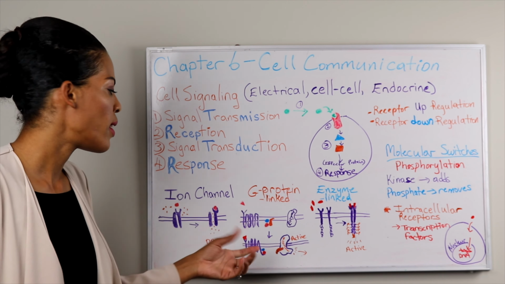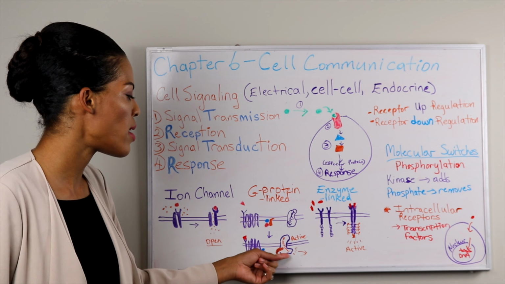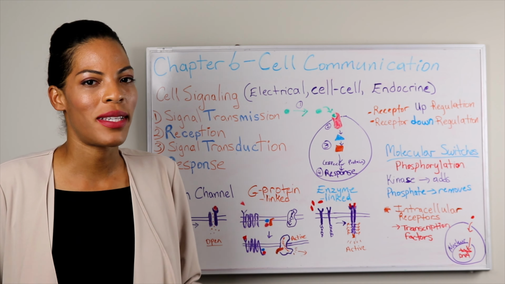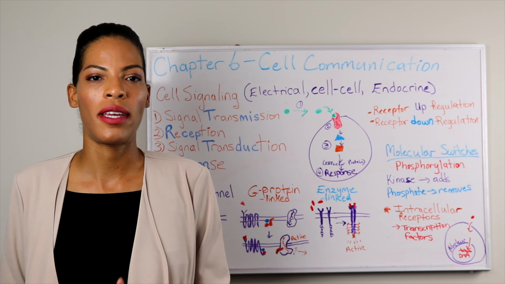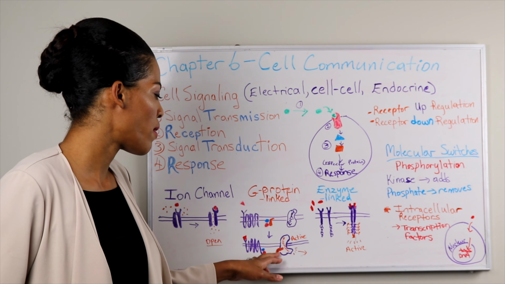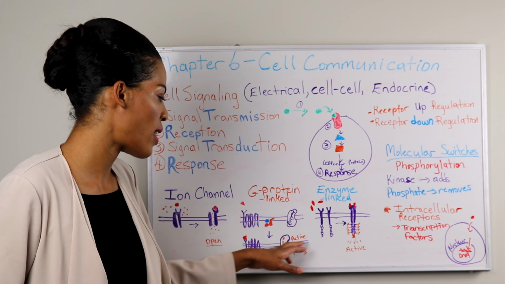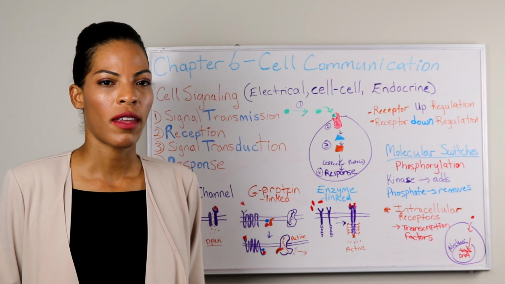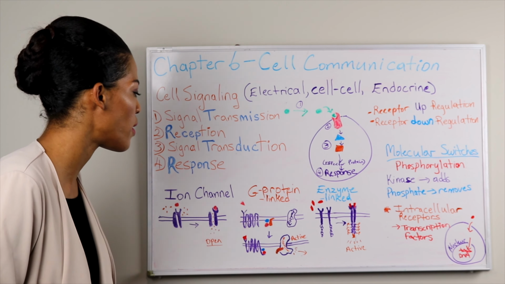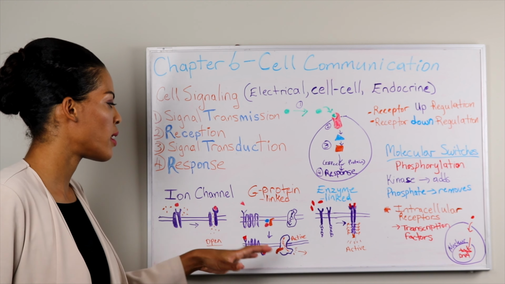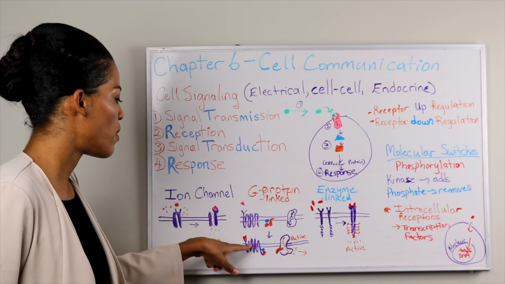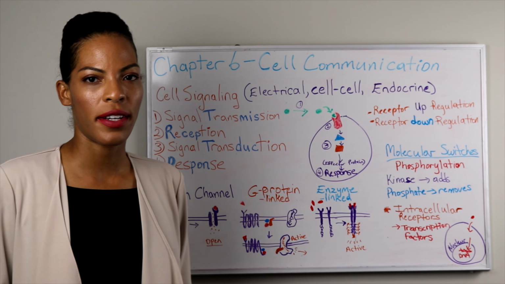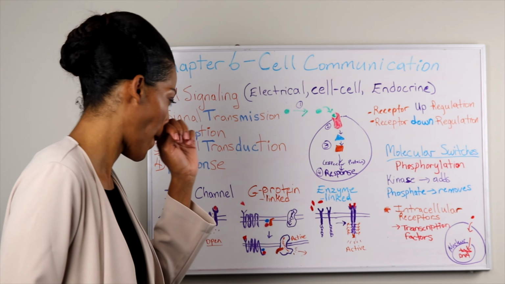And once this alpha subunit interacts with the enzyme, now that enzyme becomes activated. And once the enzyme is activated, that could go and activate something else. And so what I'm describing here, this activation and this activates something else, now we're talking about the transduction part of the signaling. And so this is a G protein linked receptor, because this receptor works along with the G protein in order to activate other enzymes and other proteins.